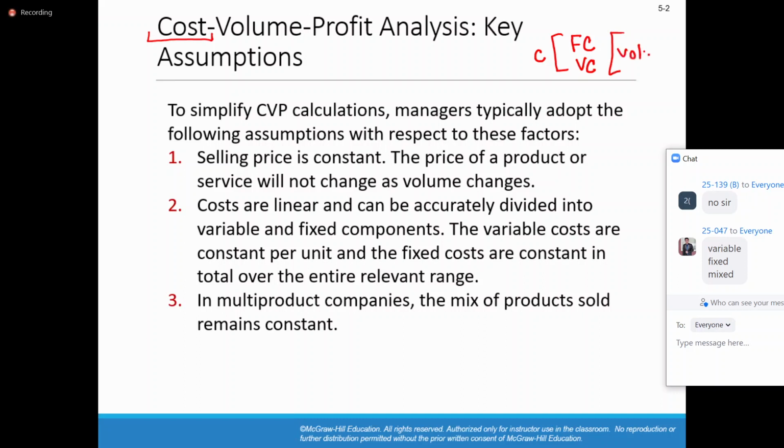By volume, we indicate the units of products we'll be selling, but when it is sales volume, we express the volume in terms of dollars. So we have prices of products, because for getting the profit, we need the price.